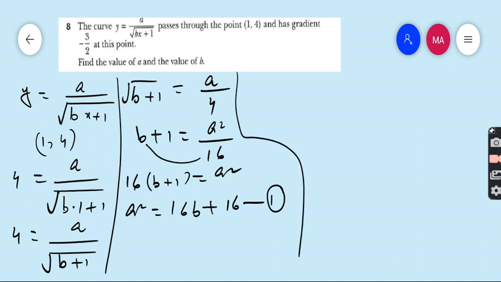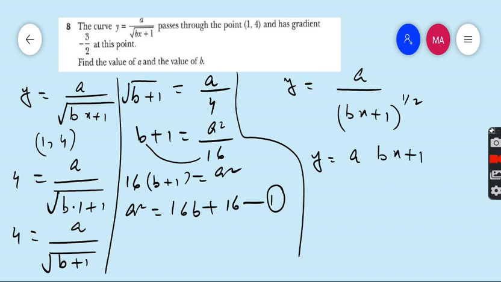Now take the equation again. Y is equal to a upon root of bx plus 1. Root means power 1 upon 2. Now y is equal to a into bx plus 1 to the power minus 1 upon 2, shifting this to the numerator.